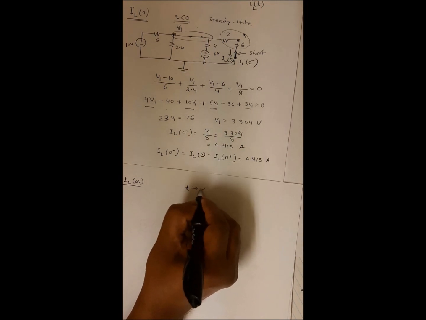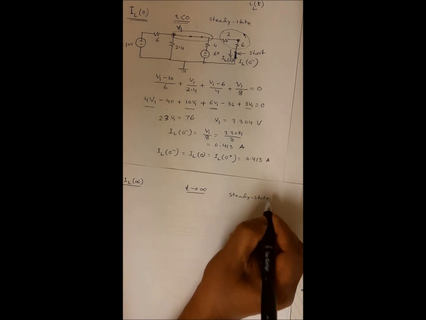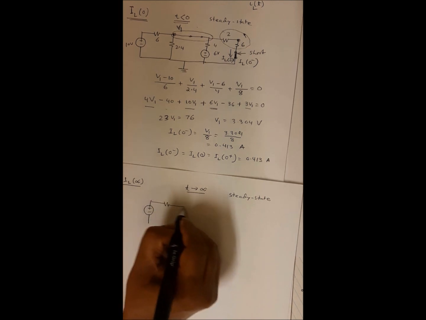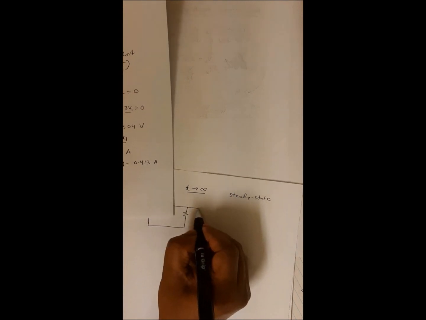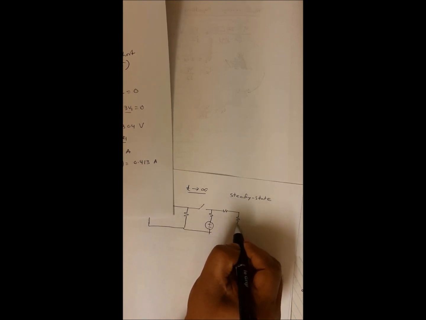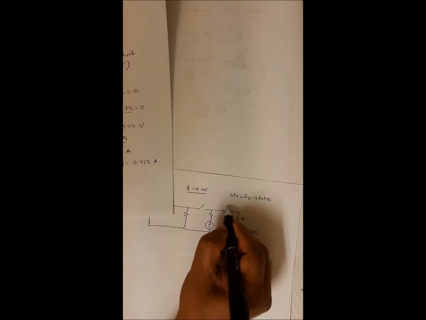So just t approaches infinity, and this is also a steady state. For this case, the circuit will be like this. Now the switch is open. This is 6, this is 2, 4, 6 volt.